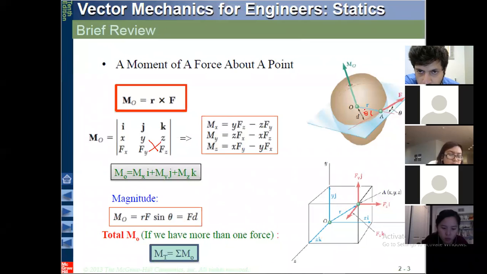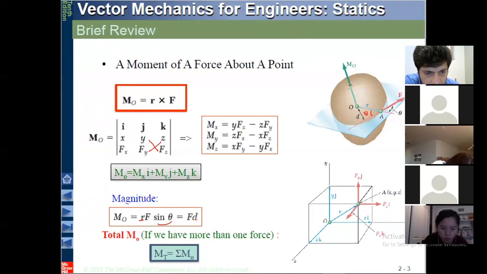If you multiply the length of the position vector by sine of theta, then you will get d, which is the opposite length. So r sine of theta equals d, and you will have Fd for the magnitude of the moment of this force.